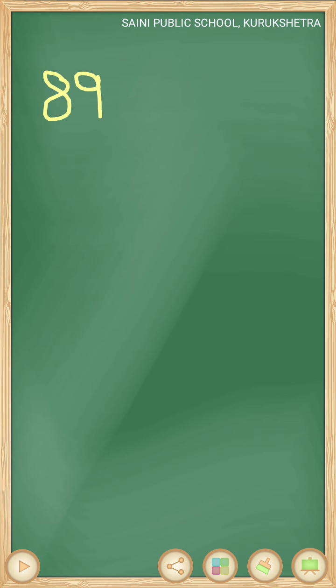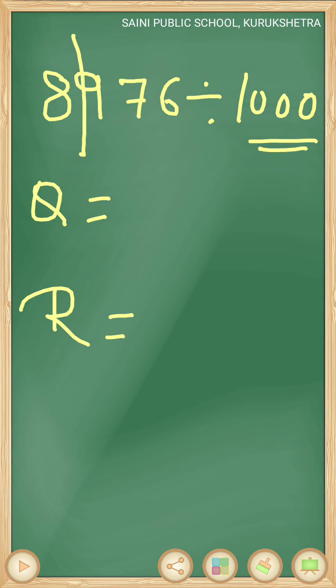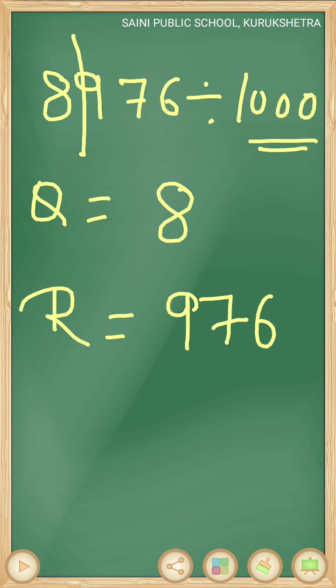Next question is 8976 divided by 1000. How can we write the quotient and remainder directly? Now again, there are 3 zeros in 1000, so we'll separate the last 3 digits. Okay, now our quotient will become 8 and our remainder will become 976.